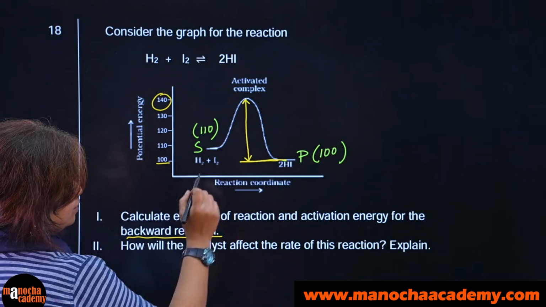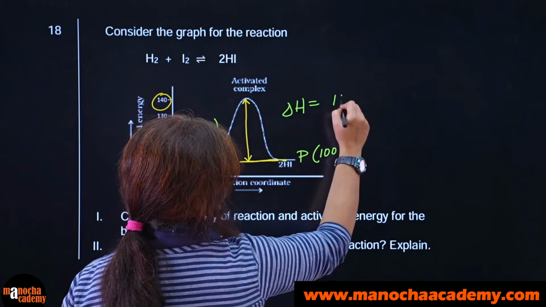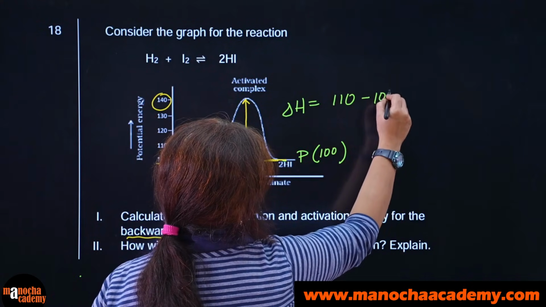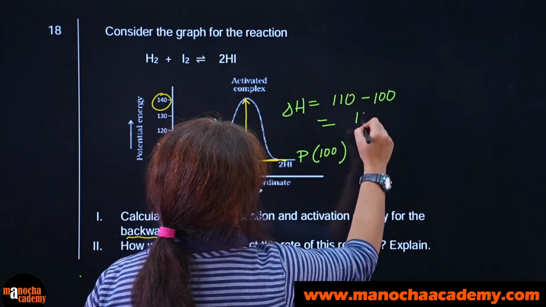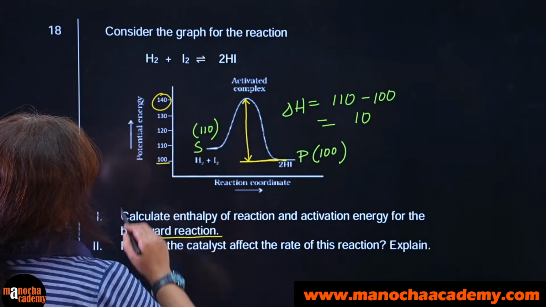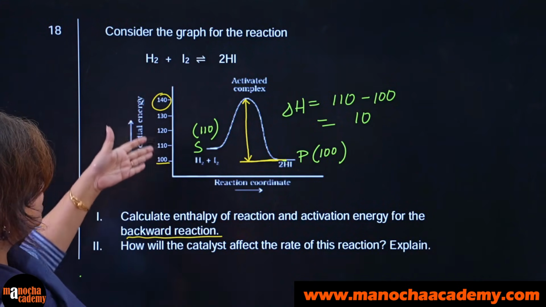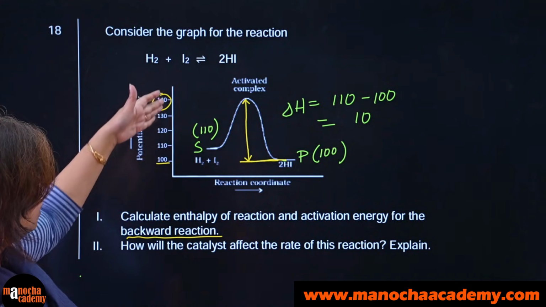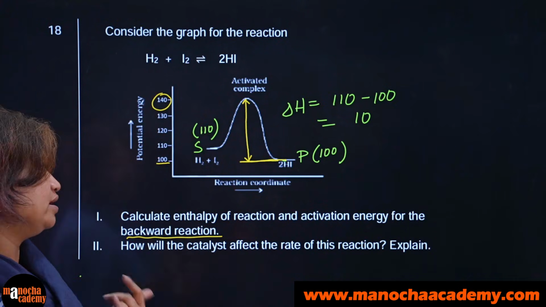Here again, delta H backward means this is final. So it is 110 minus 100, which comes up to 10. And the unit is not given here. So I can take joules per mole or kilojoules per mole as the answer.